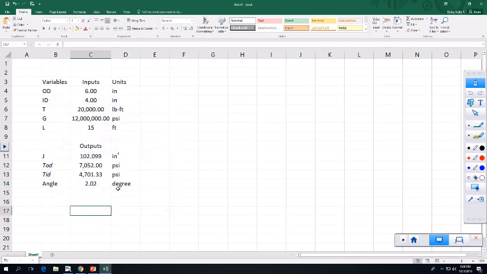Now some of the other things that you can do here as well for the cells is you can bold the different text. So if I select the text that I want, I can bold it. I can italicize it or underline it, just like a word processor. I can also change the color of it, okay?